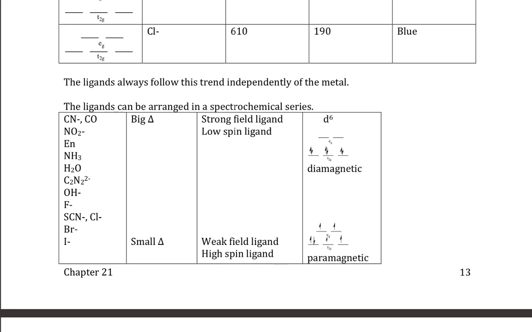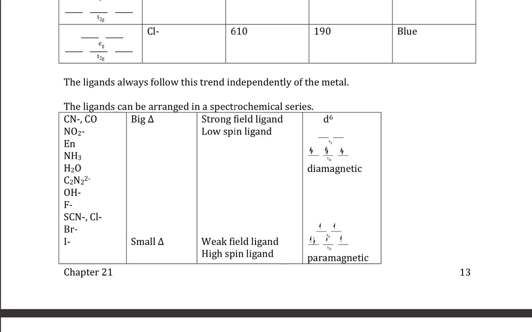When we have a small gap, then we put those 6 electrons in, putting 3 in the t2g ones, and then putting 2 in the eg ones, and then we would start pairing. So its electron configuration would be t2g4 eg2, and due to those unpaired electrons, we would have it be paramagnetic.